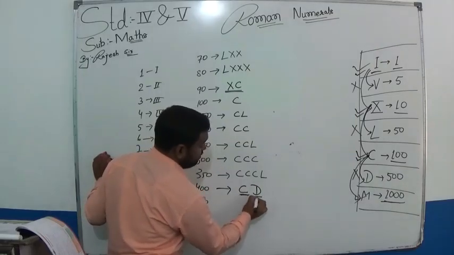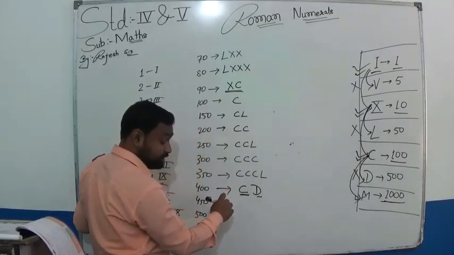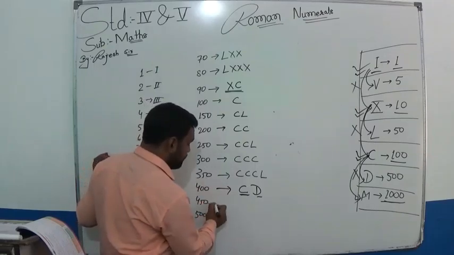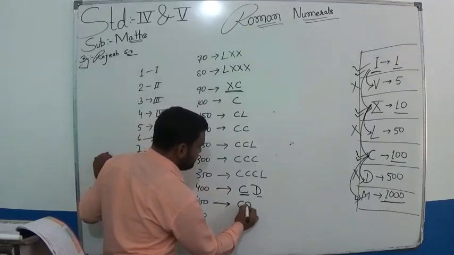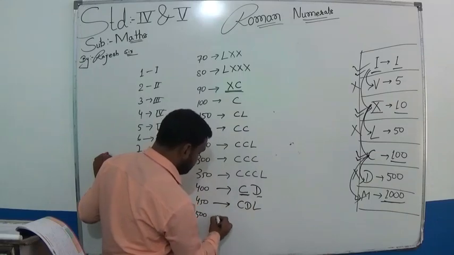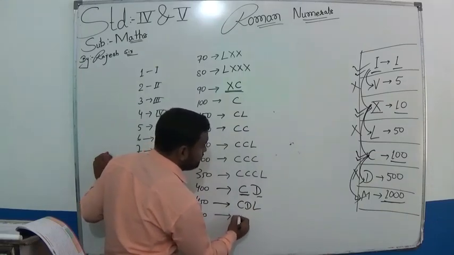C for 100, D for 500, and it is to the left of the D, that's why it has become 400. Next, CDL is 450 and 500 is D.